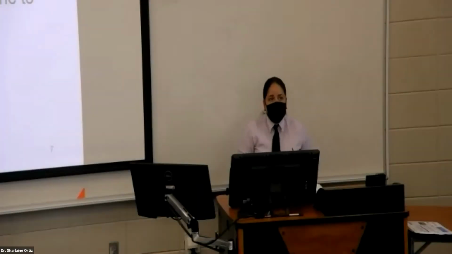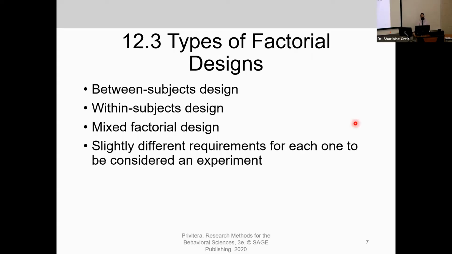Now, when we are thinking of factorial designs, we very briefly just spoke about this, but we're going to talk about it a little bit more in detail. So we are going to cover the next factorial designs: the between subjects design, the within subjects design, and the mixed factorial design.